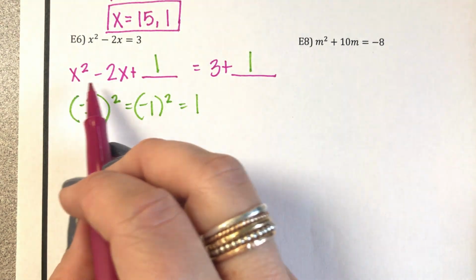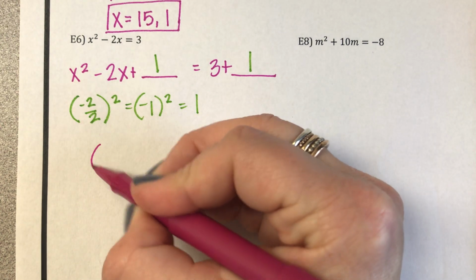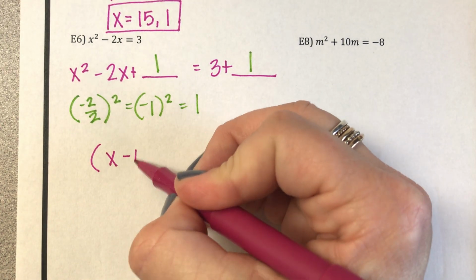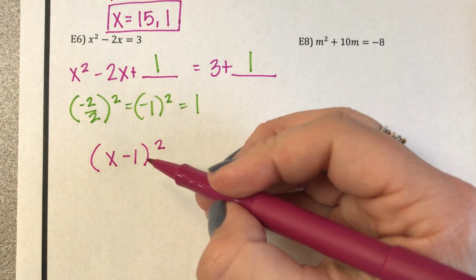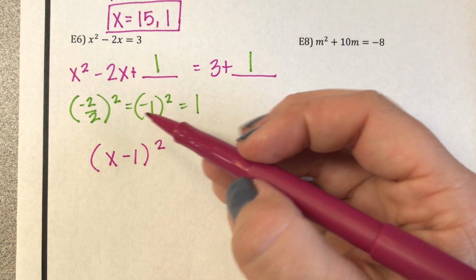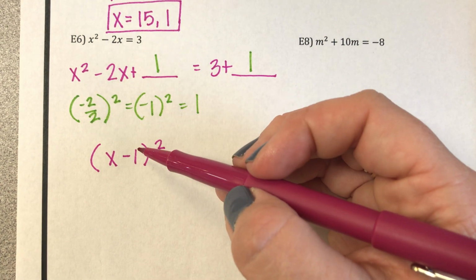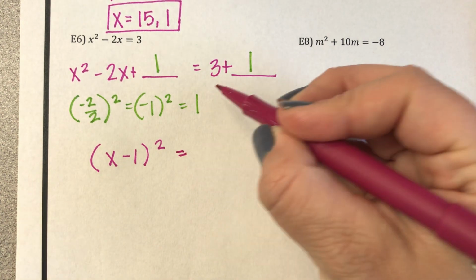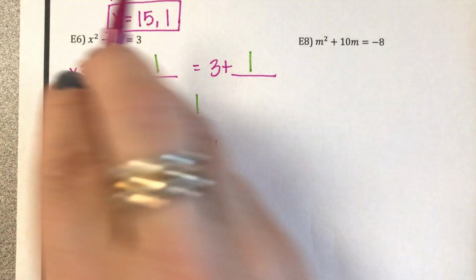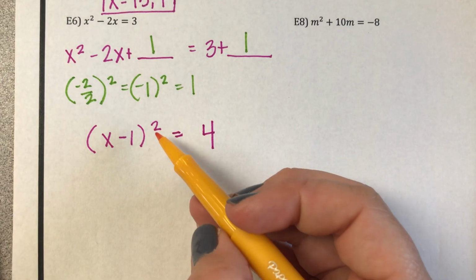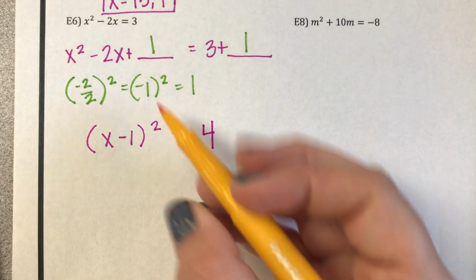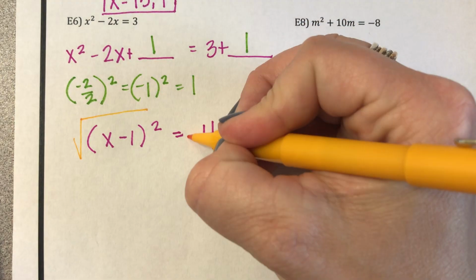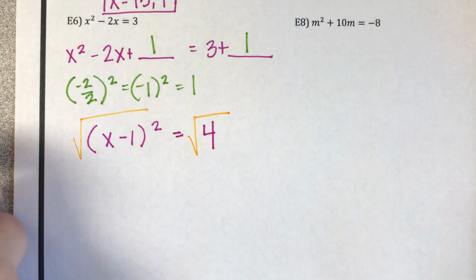So remember, the whole reason I did this was so I can factor it into x minus 1 squared. Because negative 1 squared is positive 1, but negative 1 times 2 is negative 2. Equals 3 plus 1, which is 4. So I'm close, but I need to get rid of this squared. So I'm going to take the square root of both sides.